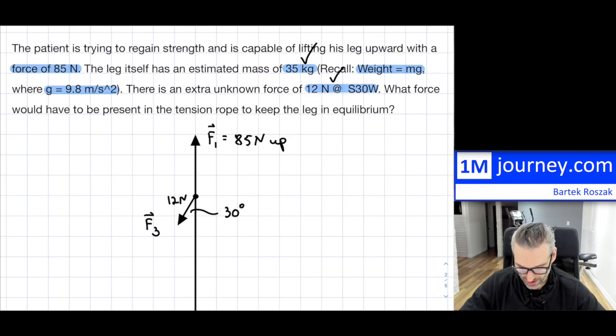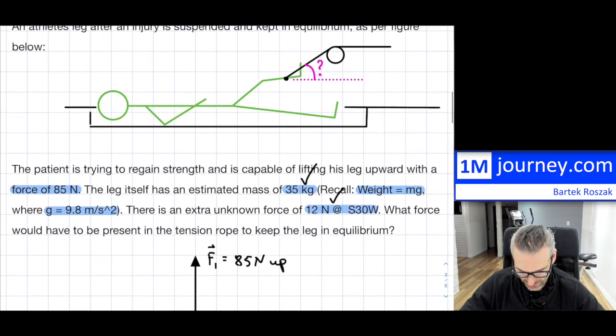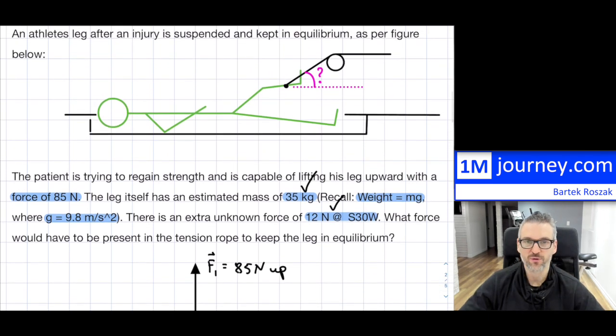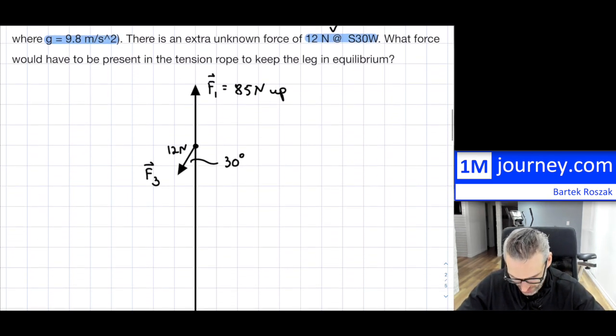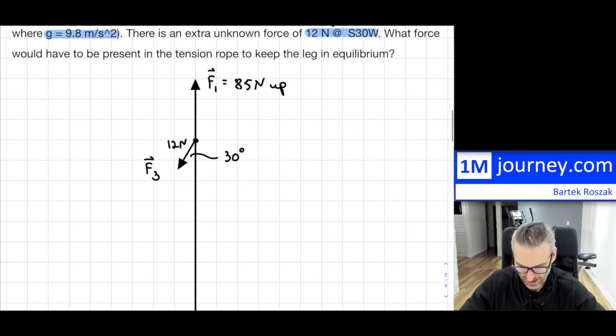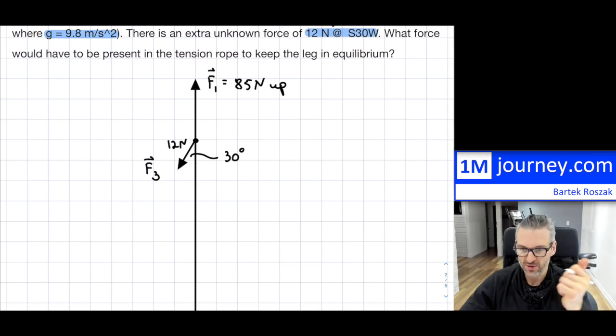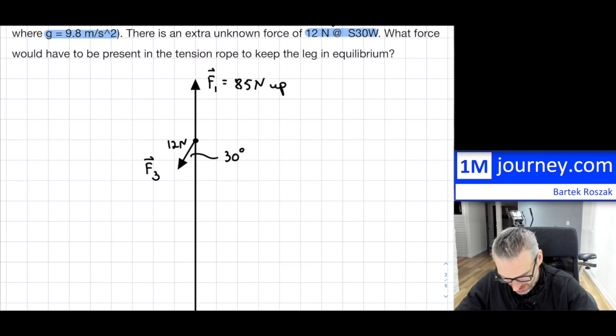Now, what we are trying to find is that tension force and its angle, so that this is all kept in equilibrium. Obviously it's going to have to be up, and a little bit to the right, because of this tiny 12 newtons over here.